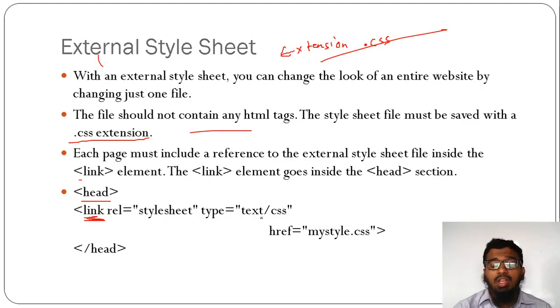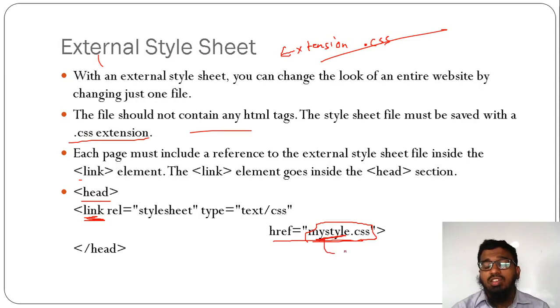Okay, type is text/css, and what is the reference? href equals mystyle.css. It's up to you what file name you want to give, just give it .css. Okay, so this is about the external style sheet.